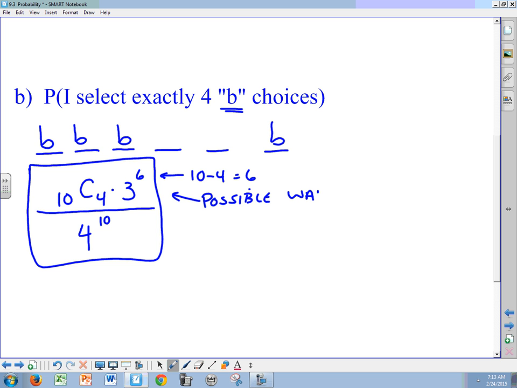This is the possible ways to get 4 B's, and then our denominator is always going to be the total number of test possibilities. Okay, so this is another tricky little problem there. Okay, so there's a nice little introduction to probability and how we set up those numerators and denominators.